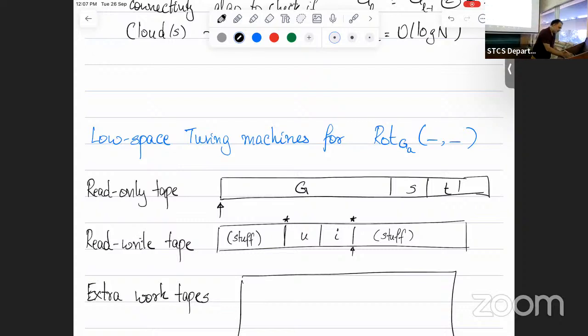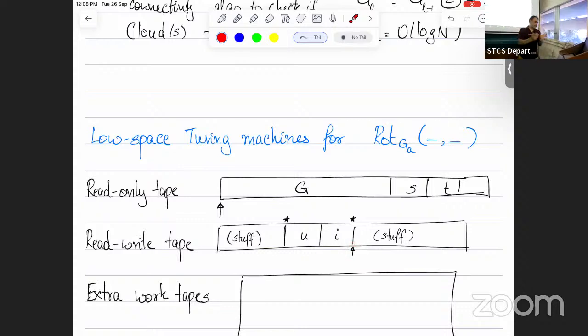And I'm going to assume that there is a second tape, which is really where the input for the rotation map is written, and I'm going to make certain assumptions about how this is written. There could be some stuff initially, but then there is going to be a u comma i, which is the input to the rotation map. The two ends are demarcated maybe with some special symbol, like a star, and the head is positioned at the end of the input block.